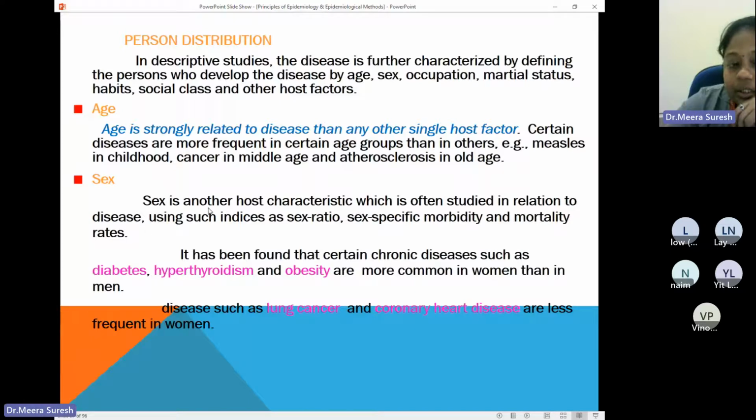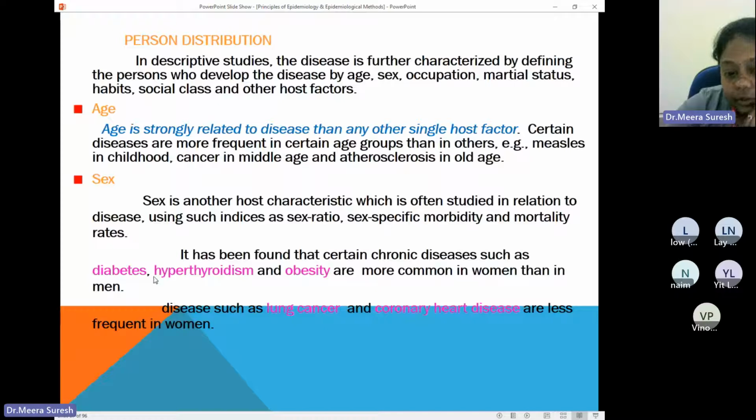Sex is another one, and here we use indices like sex ratio. We saw what is sex ratio, sex specific morbidity and mortality rate. Some of the diseases we learn, like which sex has more predilection to develop the diseases.